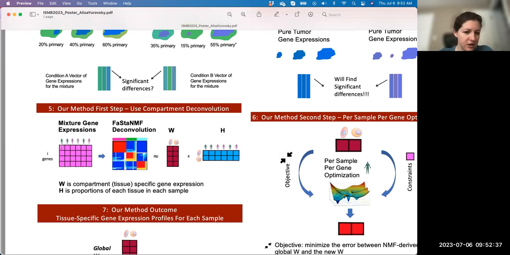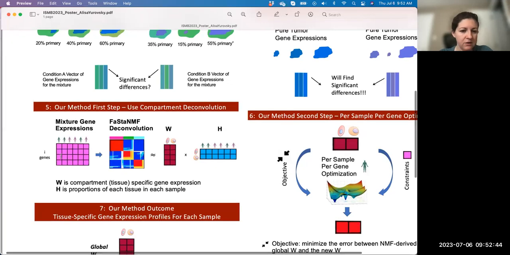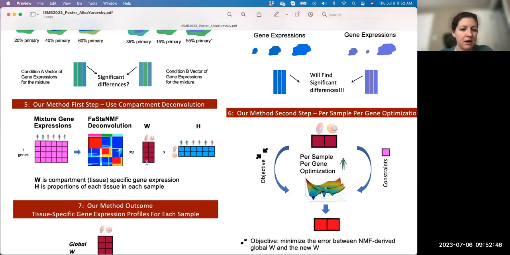For each patient, for each of the genes, you have the value from bulk sequencing, and then you deconvolve it into a product of two matrices, W and H, where W is compartment or tissue-specific gene expression for each gene for each tissue, and H is the proportion of each of these tissues in each sample.